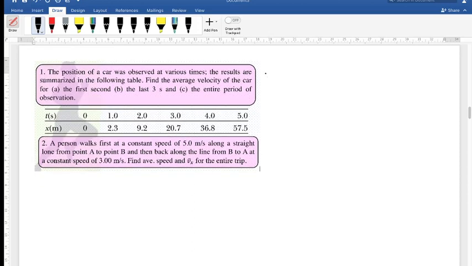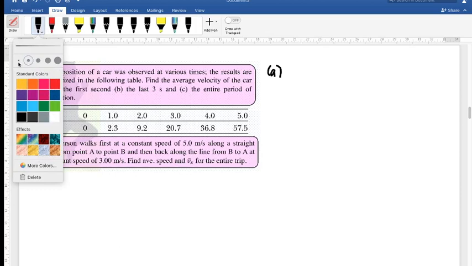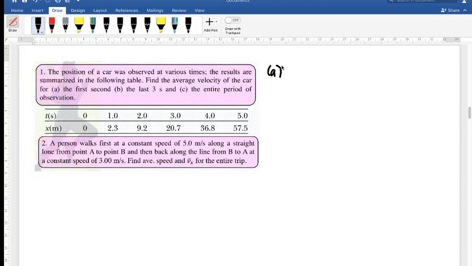So first, dun muna tayo sa the first second. So the first second means na yung period of observation natin is ito. So ito yung final position natin, final time, at saka ito yung initial position at saka initial time.